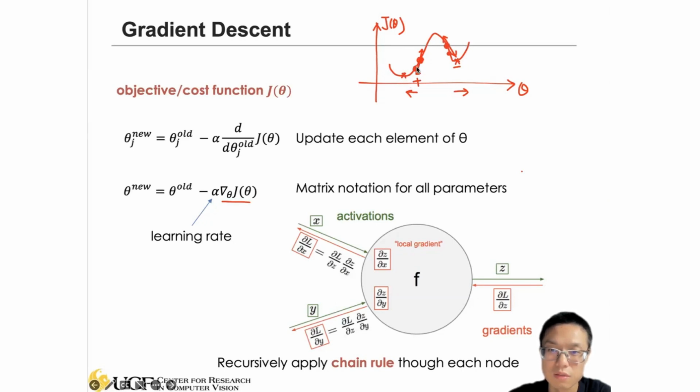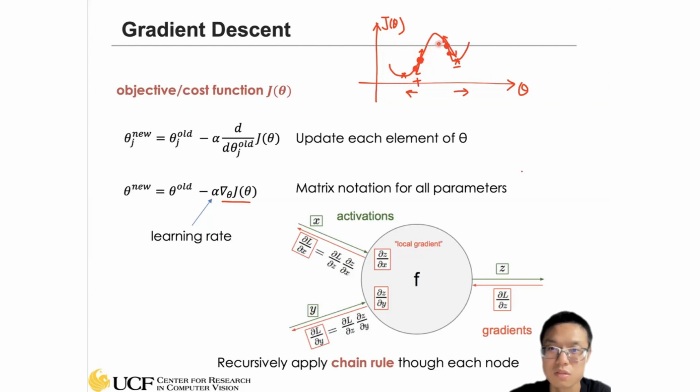Let me get the laser pointer here. So if you end up here, let's say at this stage your theta is here. If we compute the gradient, the derivative, which is basically the slope right here, we get a positive tangent value.